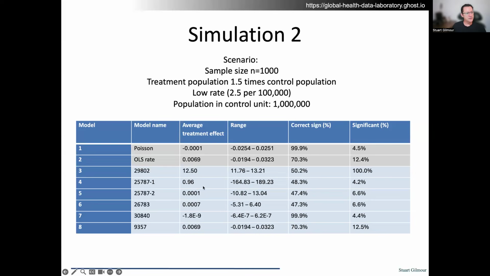These other models as well, you can see weird behavior. So now this model 4, the average treatment effect is close to 1, and the range goes from 3 orders of magnitude larger and negative, to 3 orders of magnitude larger and positive, and it only gets the sign correct 50% of the time.